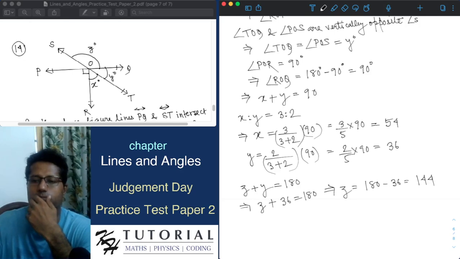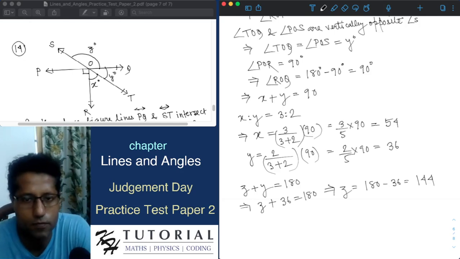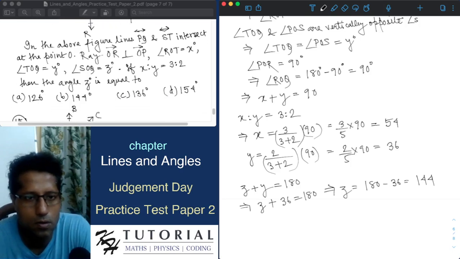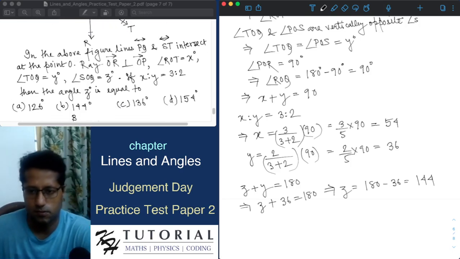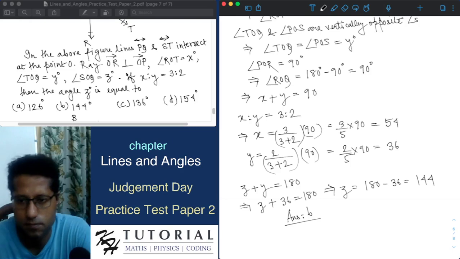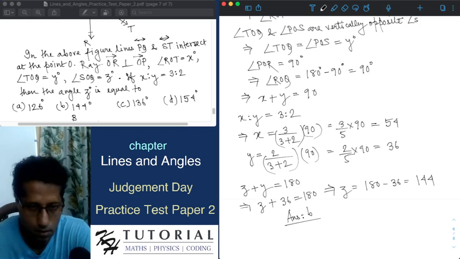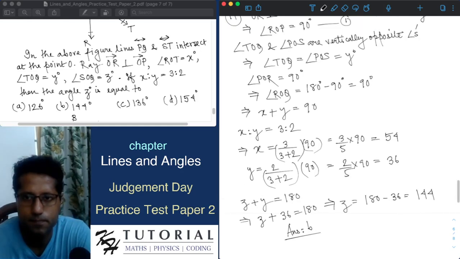Yeah, z should be 144. So okay, the answer is choice B. B is the correct choice. The value of the angle z is 144 degrees.